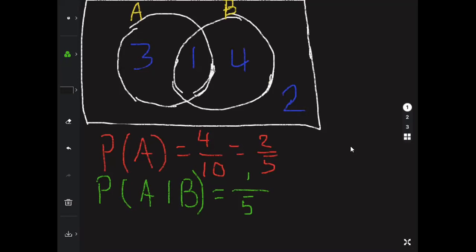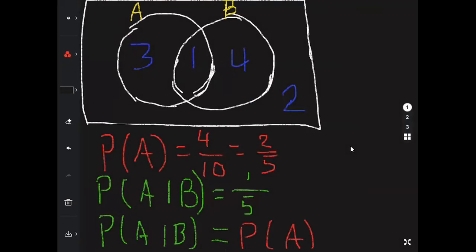So remember our rule, it's probability of A given B is equal to the probability of A, then they are independent values.